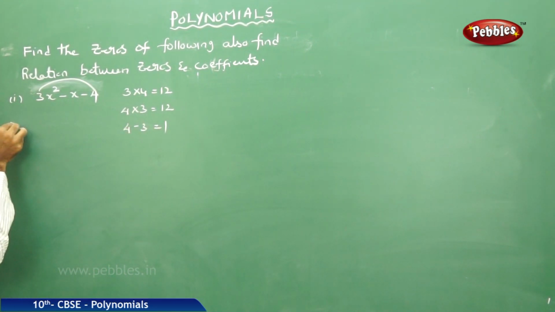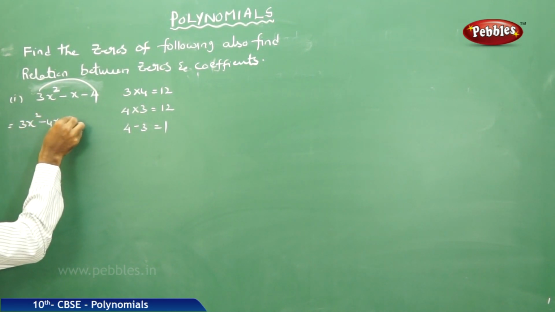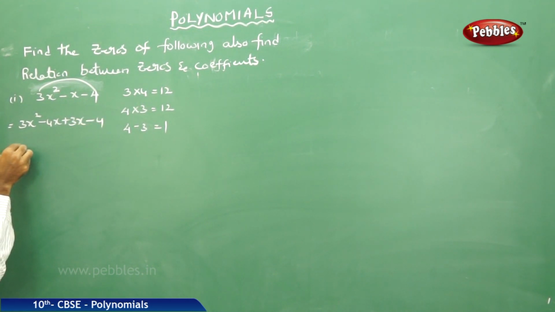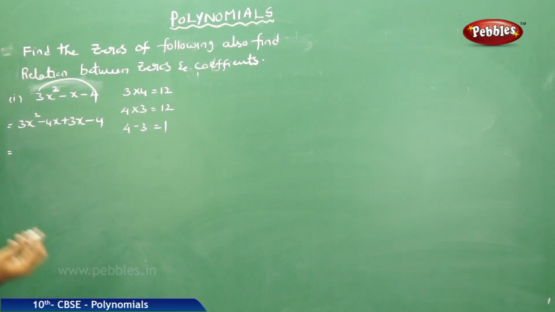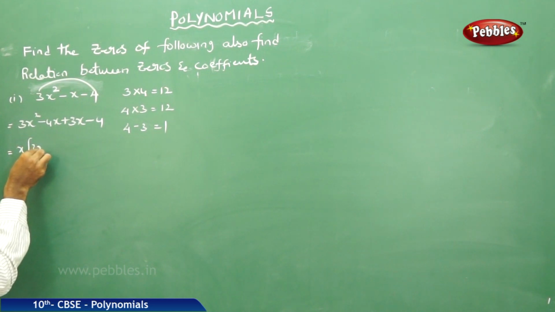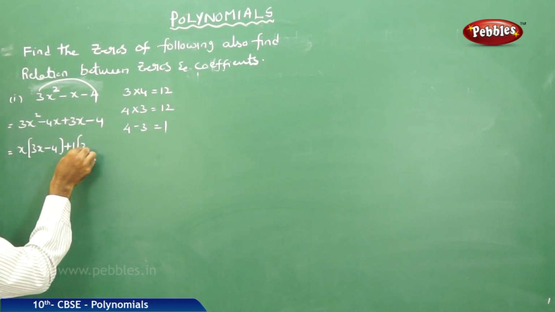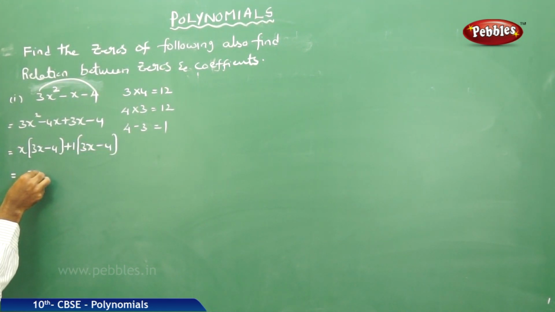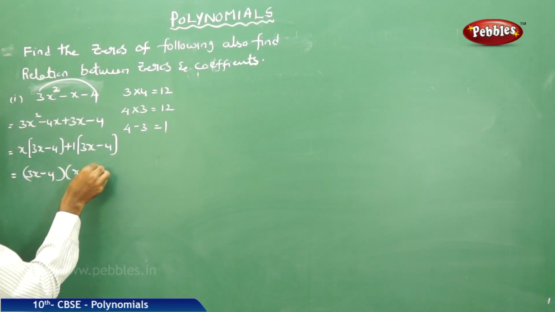Arrange these in order, that is 3x square minus 4x plus 3x minus 4, that is equal to, from these two terms I am unable to take any number as common, that's why take x as the common, that is 3x minus 4 plus 1 common, 3x minus 4. Now the common factor is 3x minus 4, the other factor is x plus 1.